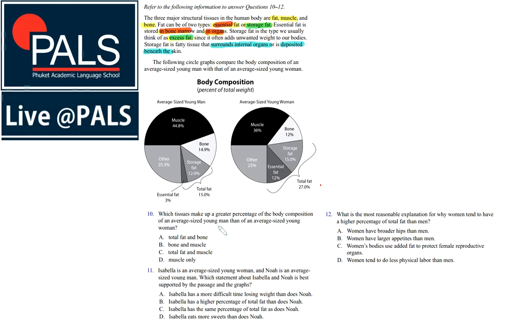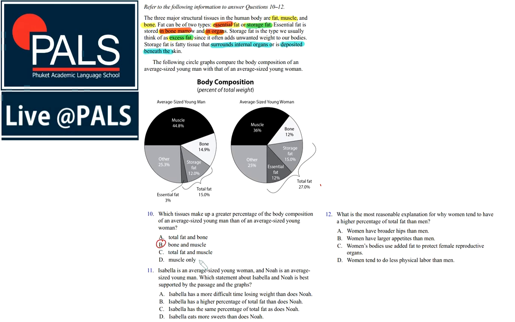Which tissues make up a greater percentage of the body composition of an average-sized young man than an average-sized young woman? We already saw muscle mainly, and a little bit of bone, and that's probably what we're looking for. Bone and muscle.